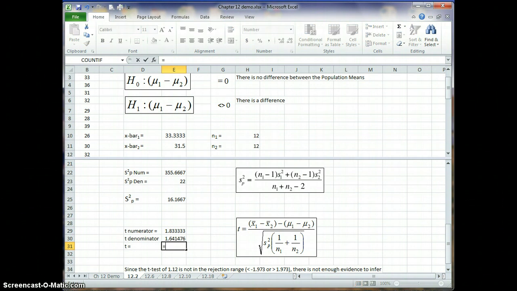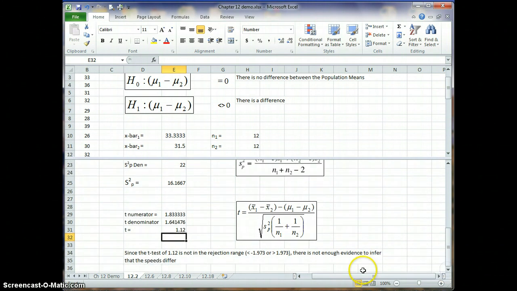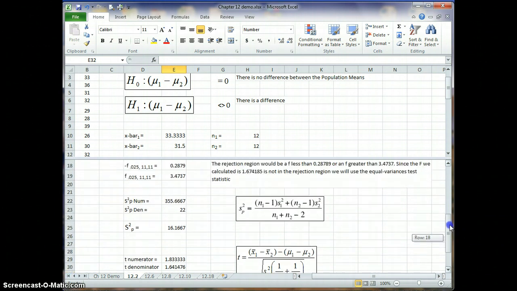Now we simply take the numerator divided by the denominator, which gives us a t-test of 1.12. You can see the t-test of 1.12 is not in the rejection range, so there's not enough evidence to infer that the speeds differ.